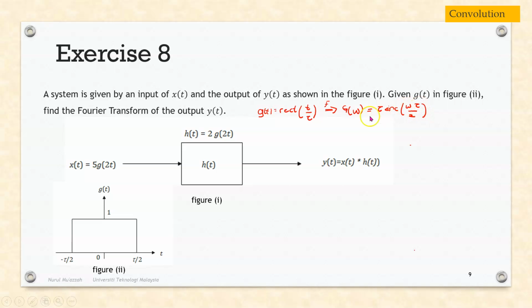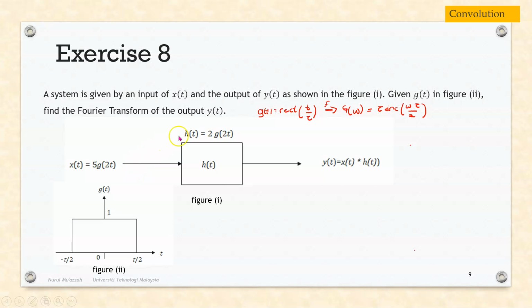So I hope by now you already know how to obtain the Fourier transform for the rectangle function. This is straightforward where you can find the pairs here from the table. And xt here is equal to 5g2t.